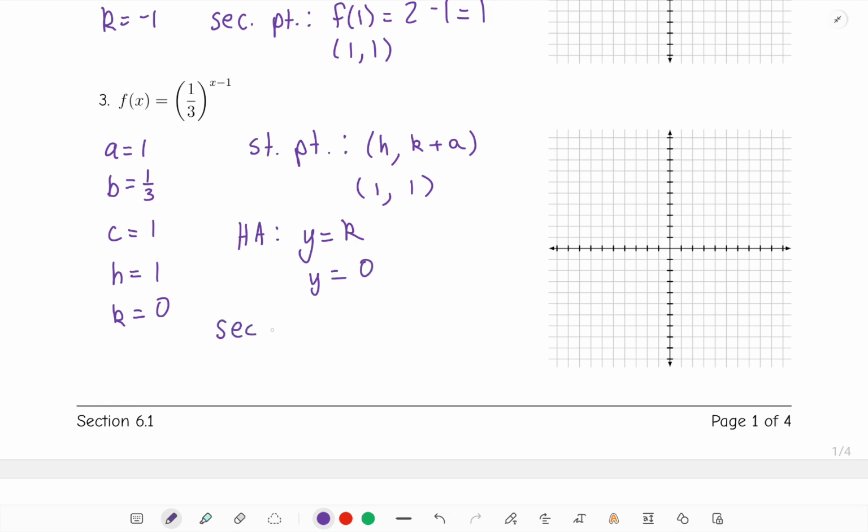And then our second point. I am going to choose 0. So f of 0 equals 1/3 to the 0 minus 1, which is equal to 3. So our second point is 0, 3. Again, start with the horizontal asymptote.